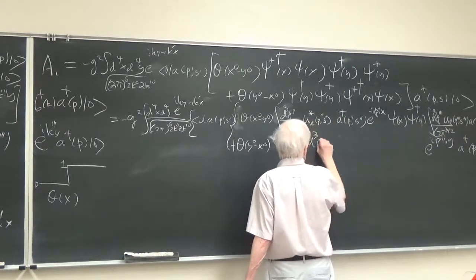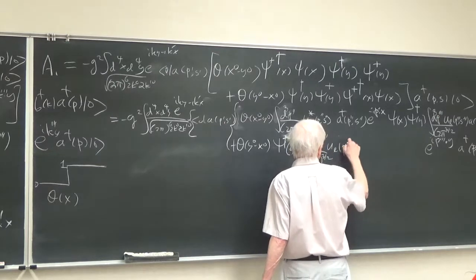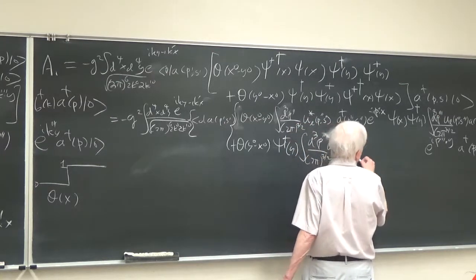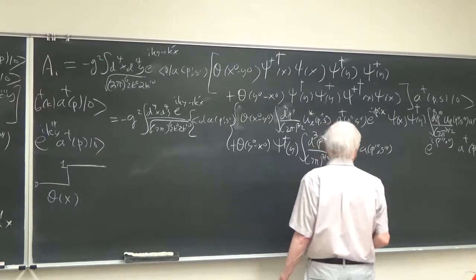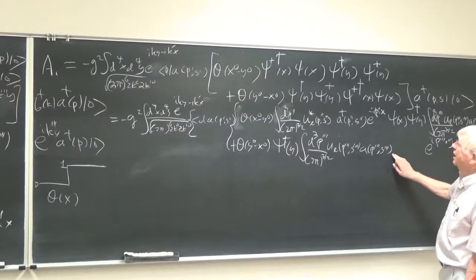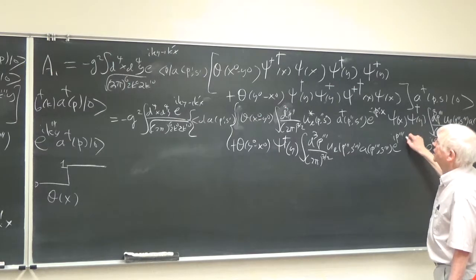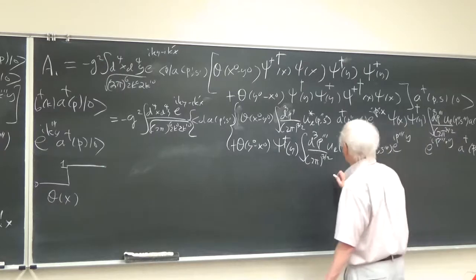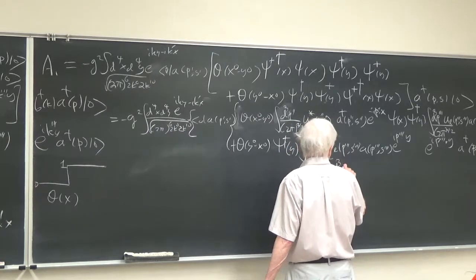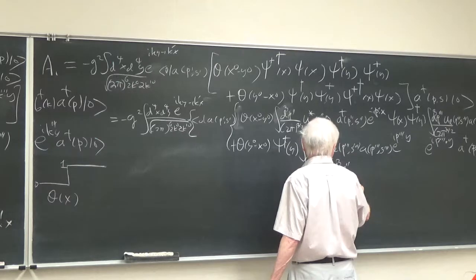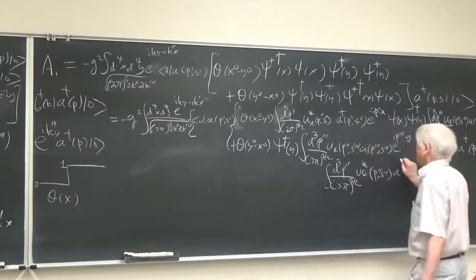So that's d cubed p triple prime over (2 pi) to the 3 halves, uL of p triple prime s triple prime, a of p triple prime s triple prime, e to the i p triple prime dot y, and then that's times psi plus dagger, so that's this term, which is d cubed p double prime over (2 pi) to the 3 halves, uL star of p double prime s double prime, a dagger.